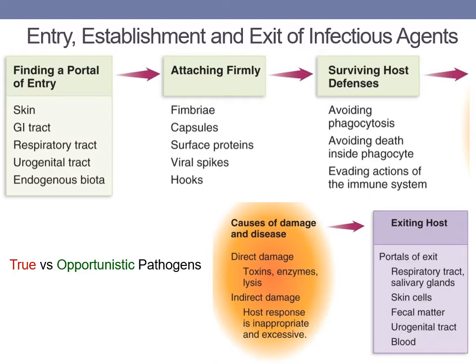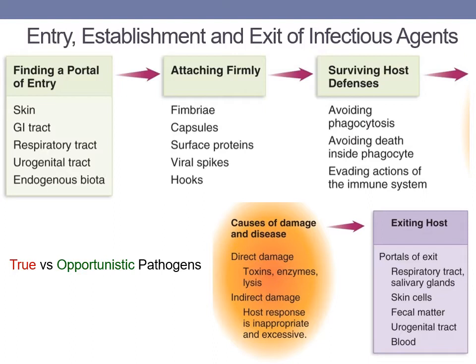Once they reach the target tissue, they cause damage and disease in ways that are specific to each organism. For example, some organisms produce toxins and enzymes that damage host cells, causing them to lyse. Other pathogens cause the host immune response to overreact, resulting in the body damaging itself.